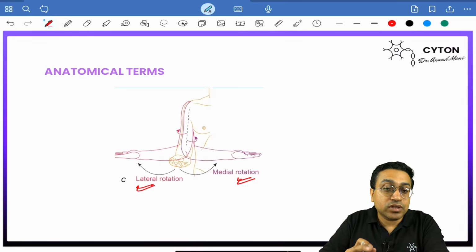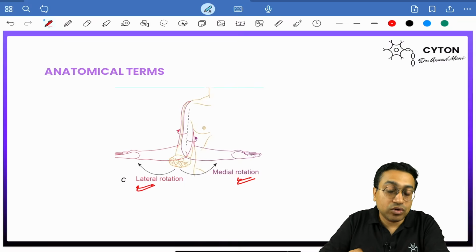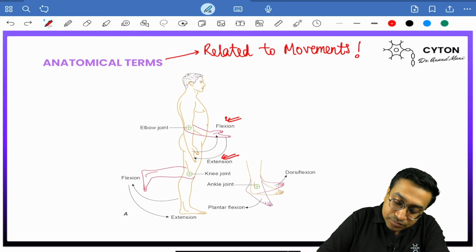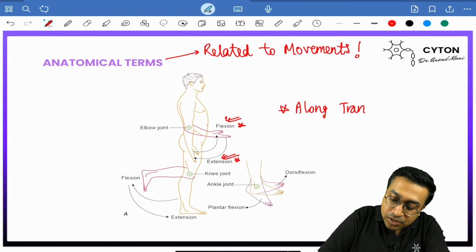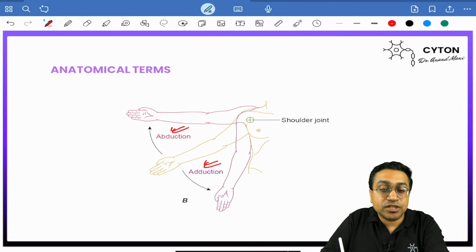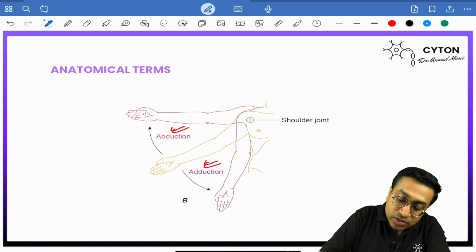So the flexion and extension, that is along the transverse axis which I just told you. Then abduction, adduction, that is in the coronal plane. So these are two things in the coronal plane.